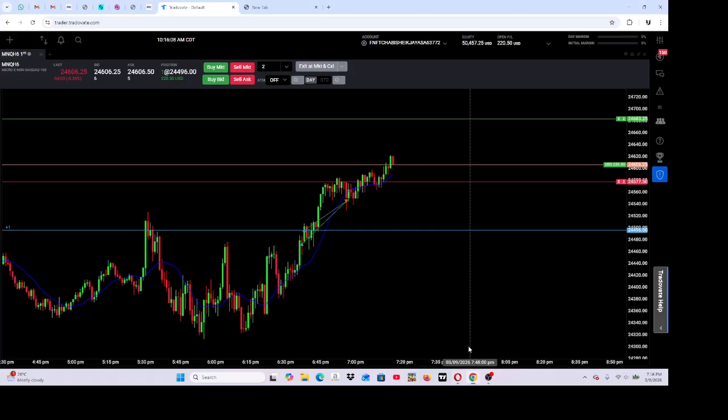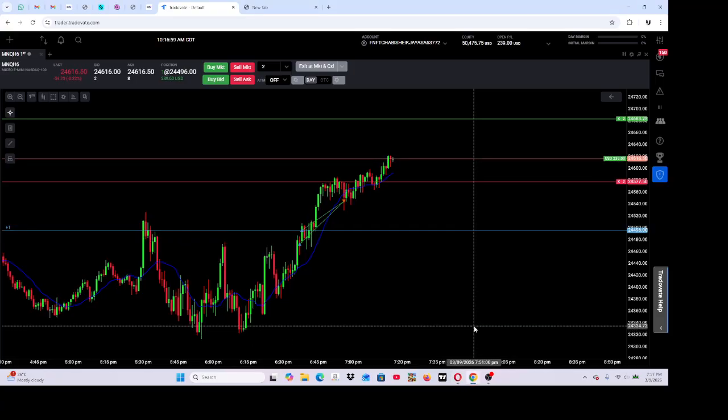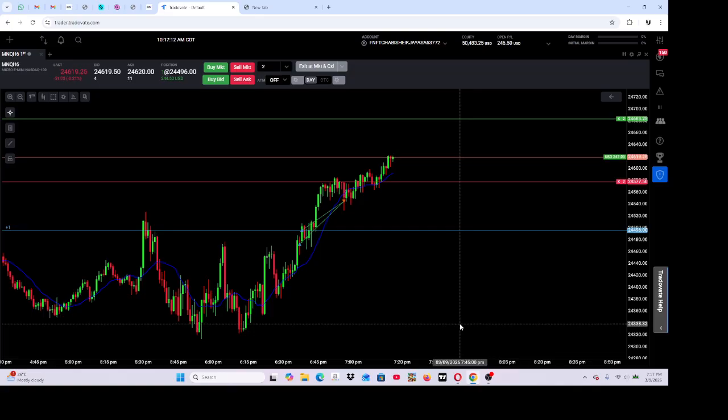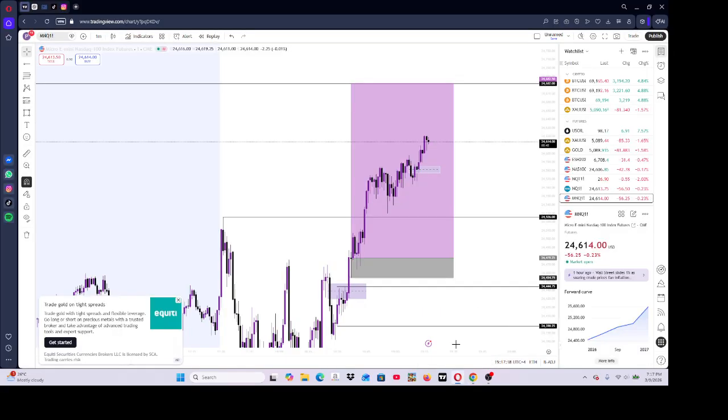Hmm. Another bearish candle. We can sweep that high. We can sweep that.